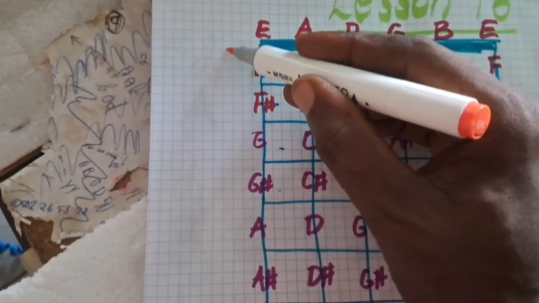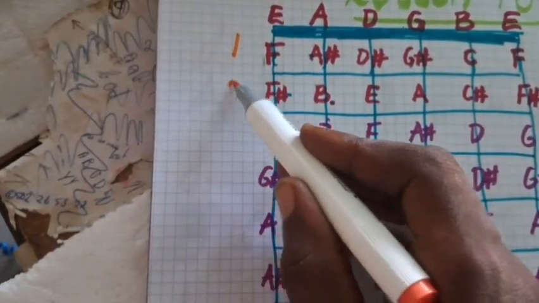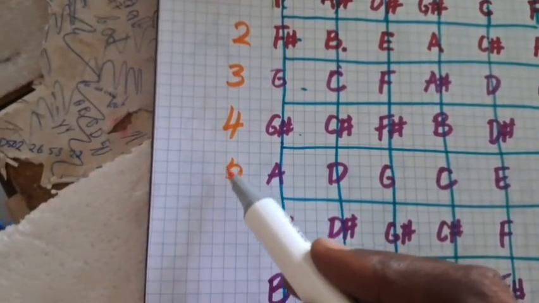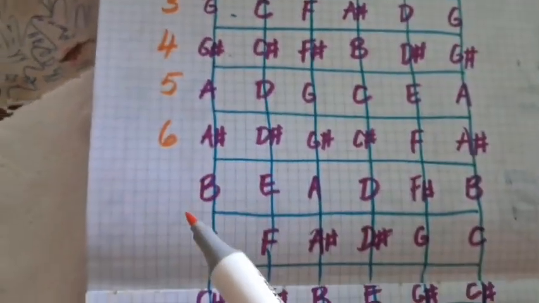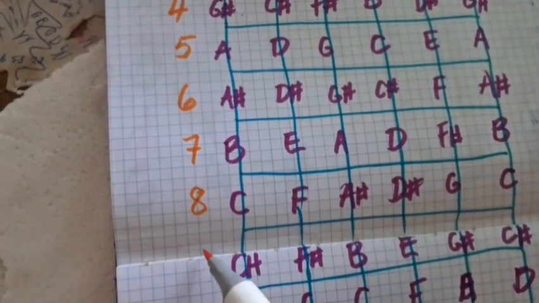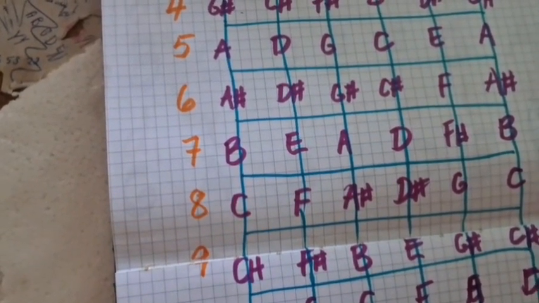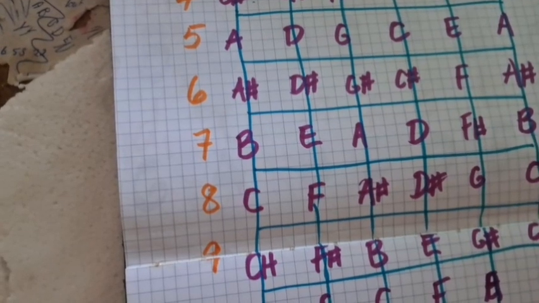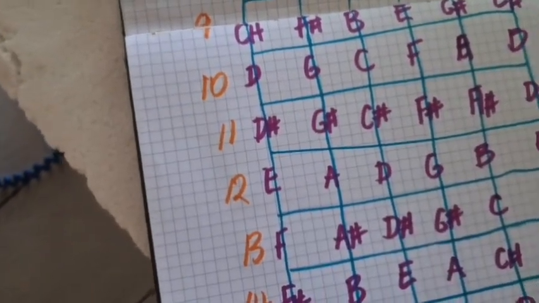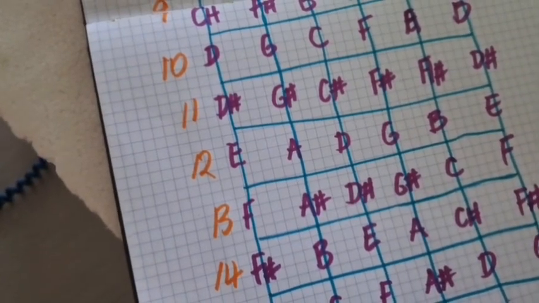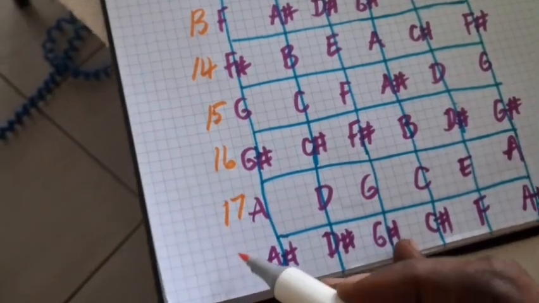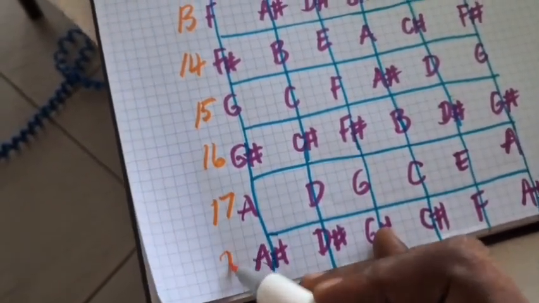Is fret 1, fret 2, fret 3, 4, 5, 6, 7, 8, 9, 10, 11, 12, 13, 14, 15, 16, 17, and 18.